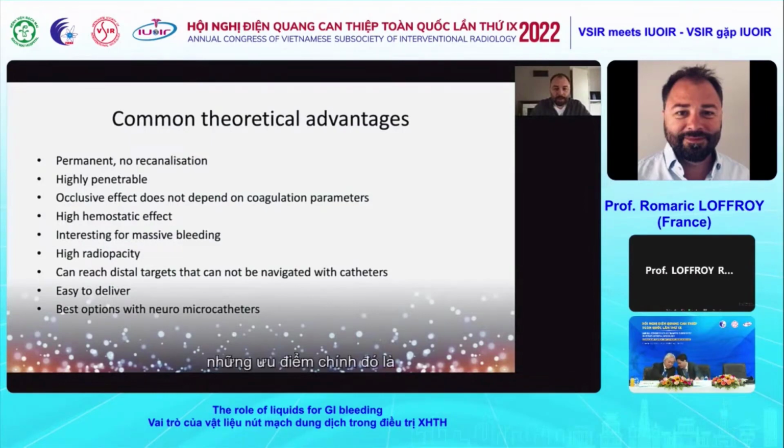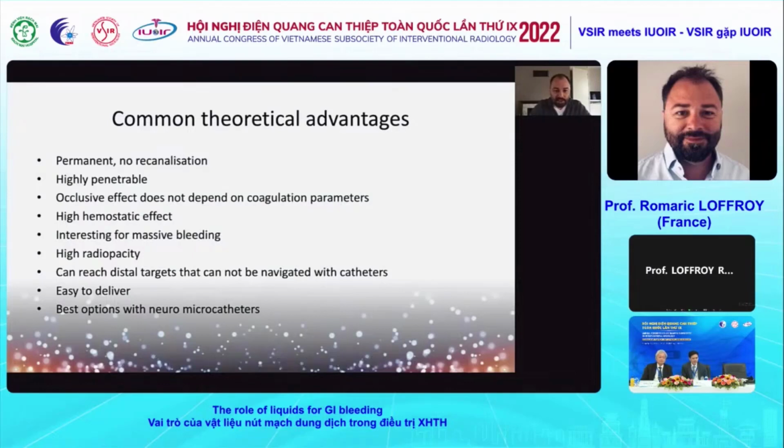The main advantages are that they are permanent. The risk of recanalization is exceptional. This is highly penetrable. One of the main advantages to me is that the occlusive effect does not depend on coagulation parameters of patients, especially with glue, which is very interesting in bleeding patients with coagulation disorders, which is not the case with other mechanical agents.